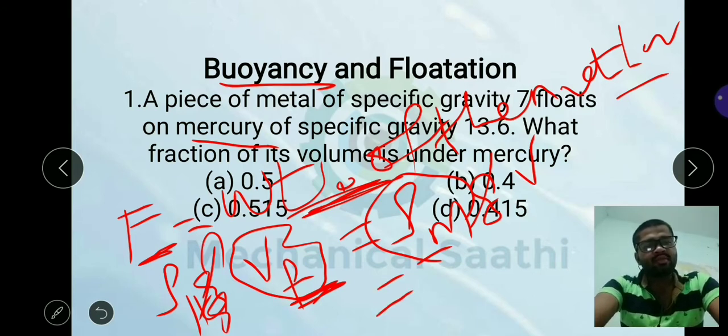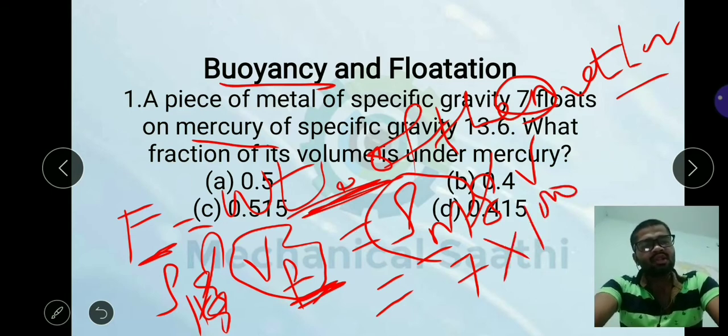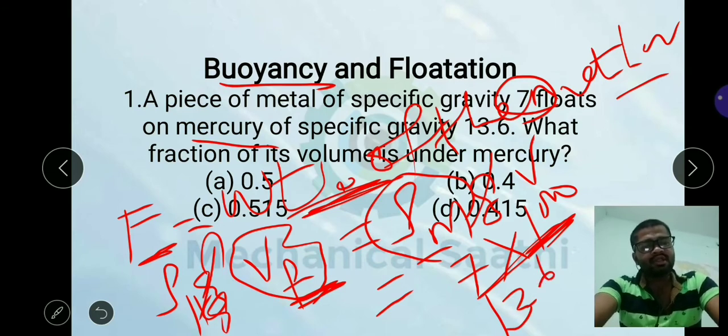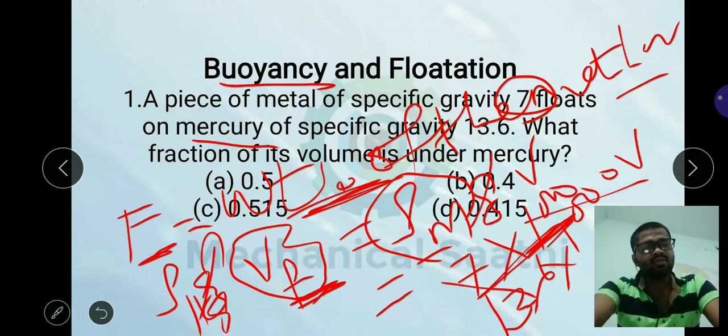Rho of the metal can be found out here: the specific gravity is given as 7, and multiplying with 1000 gives rho of metal. Likewise rho of mercury is 13.6 into 1000. So 1000 can be cancelled.